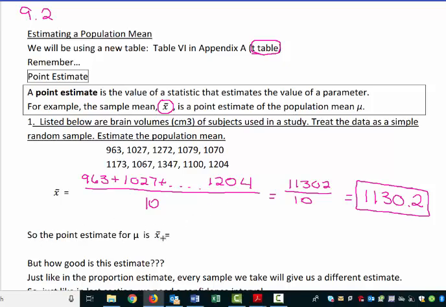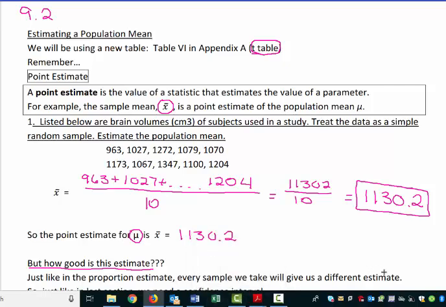So the point estimate for the population is that number, 1130.2. Okay, but how good is this estimate? Well, we don't know because if we take another sample of 10, our average might be completely different. It might be similar, but it also might not be similar at all.